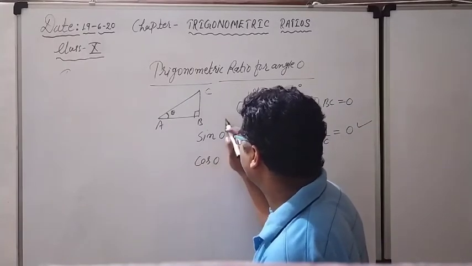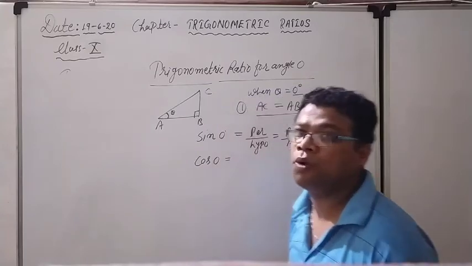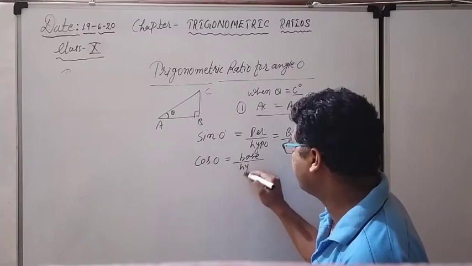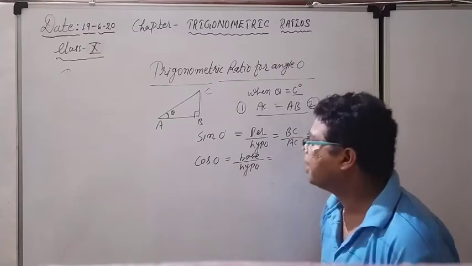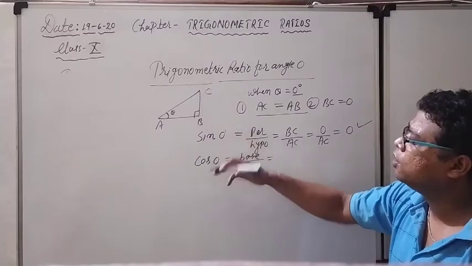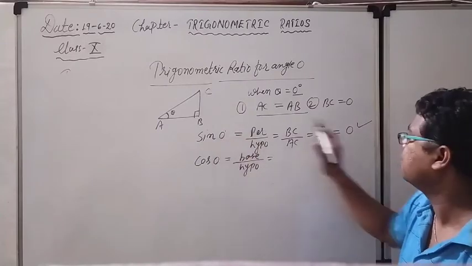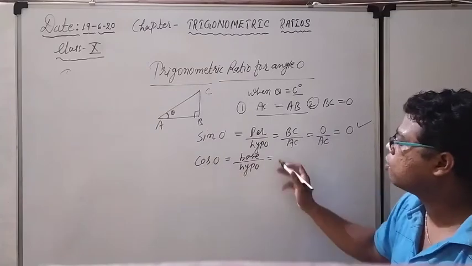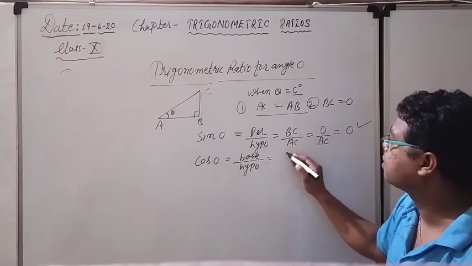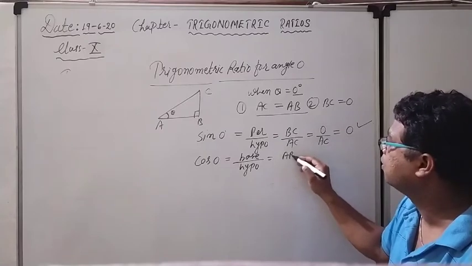Again come to the next point, cos 0. Cos 0 degree, what is the formula? Base upon hypotenuse. What is the base? Base you can see AB.